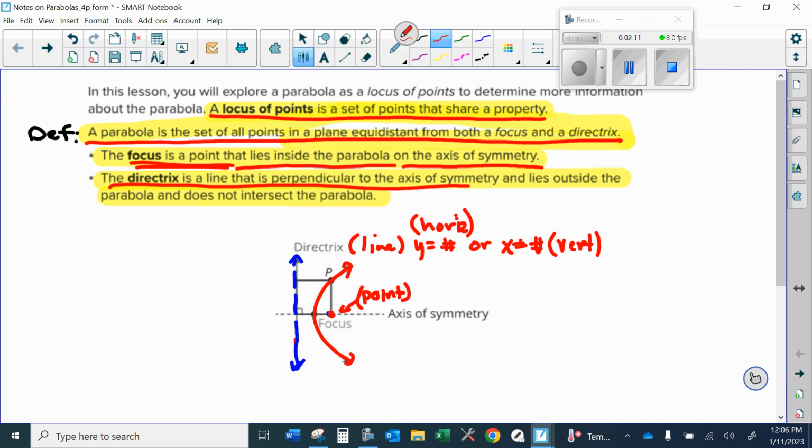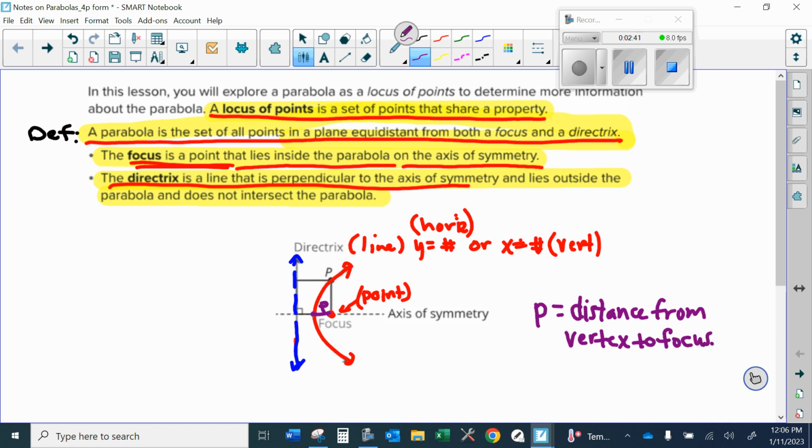Okay, so the fixed distance is called p. From the vertex to the focus is p. It's lowercase p, the distance from vertex to focus.